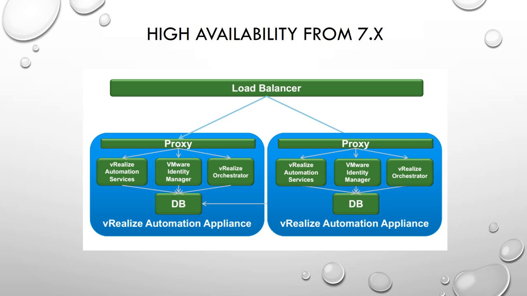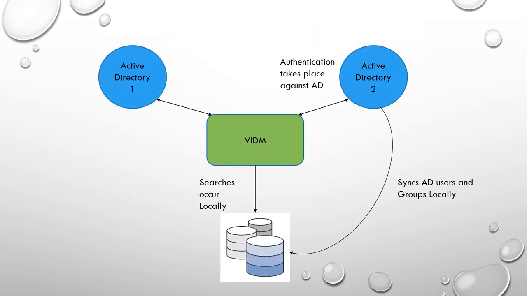Now that we are all caught up and have revised what we already know, let us dig a bit deeper and try to understand what other improvements and features are provided by the VIDM component. The VMware Identity Manager is much more stable than the previous SSO appliance and also provides support for multi-tenancy.